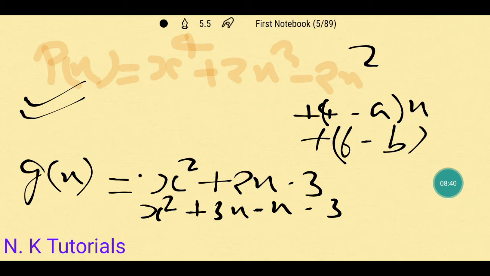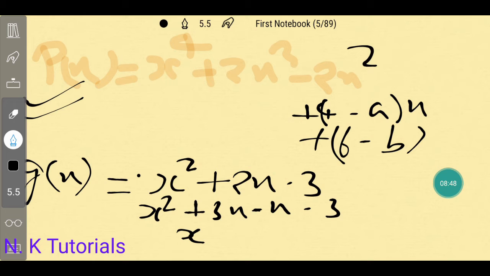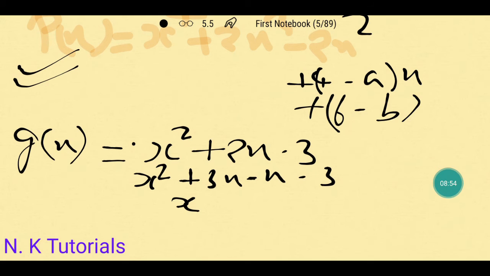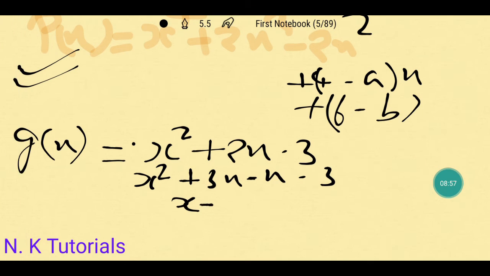If you solve it, it can be written as x minus 1 into x plus 3.